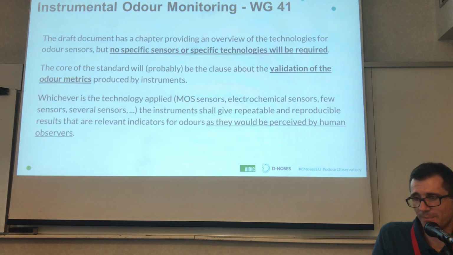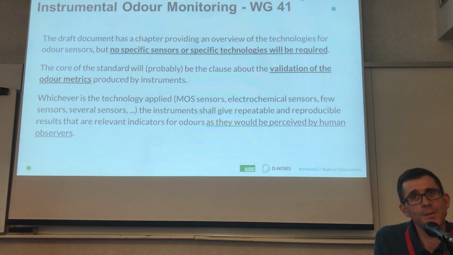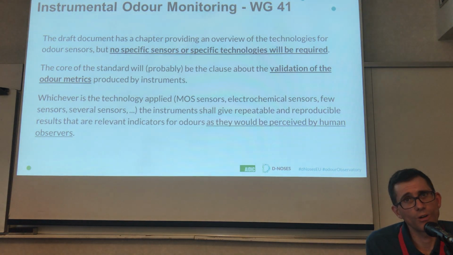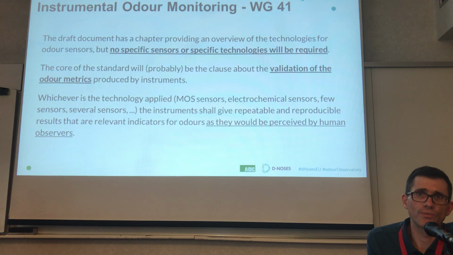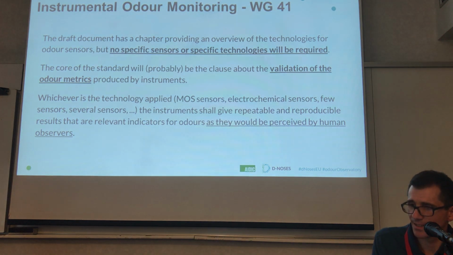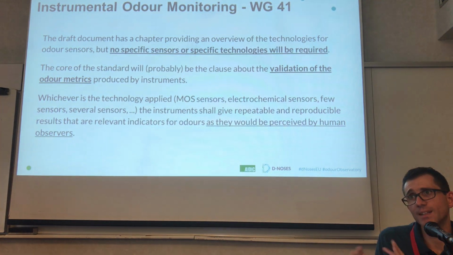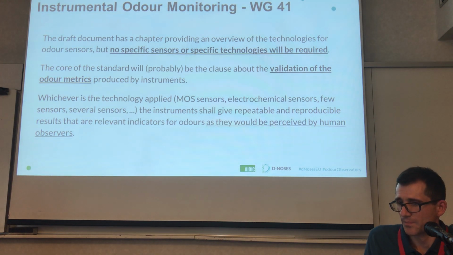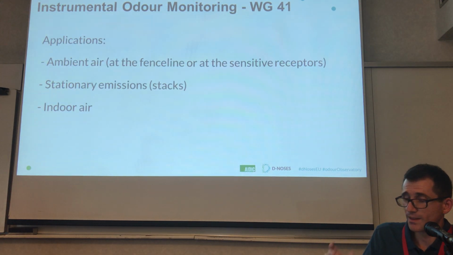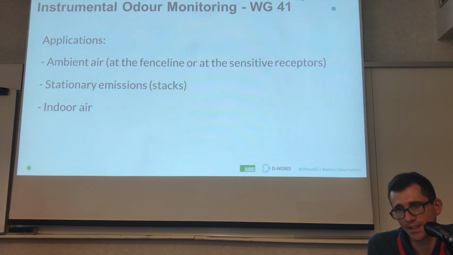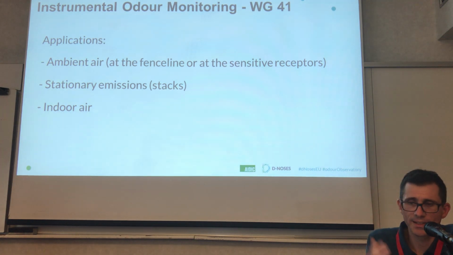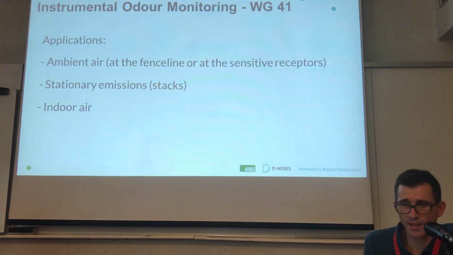The validation of the instrument has to be done with a calibrated, trained instrument. There are two different concepts. The typical applications for this method are ambient air, stationary emission, and also indoor air.